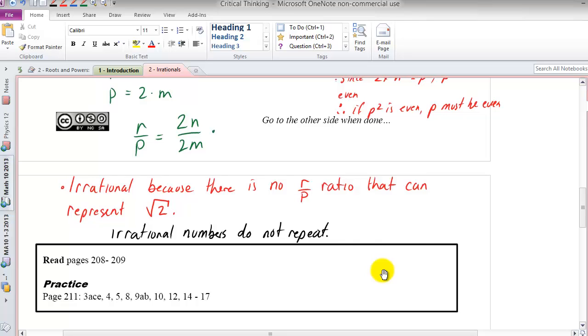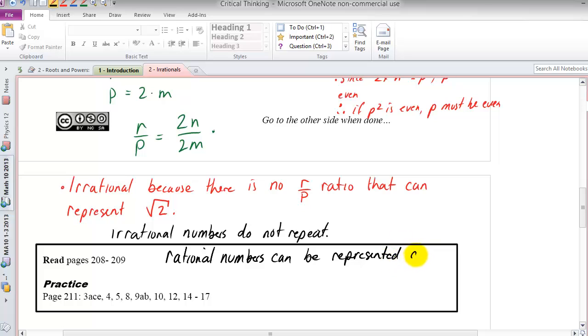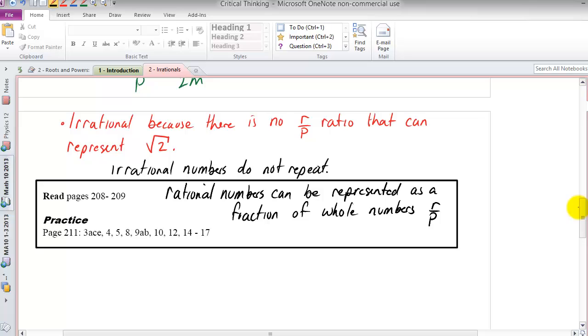Rational numbers can be represented as fractions with whole numbers. Alright, and then there are some practice questions here you can try.